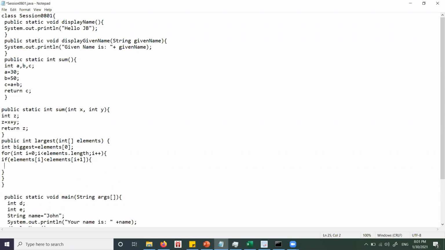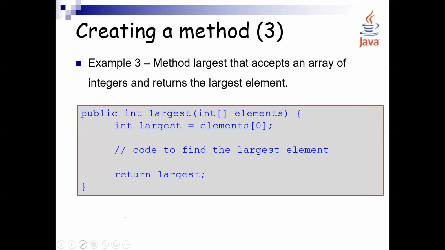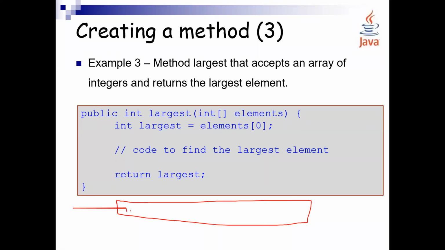You will say biggest number equal to elements at position i. This is a simple algorithm. Okay, we can test this one and see. Let's try like this one. Let's say you have these 5 elements. You have got 10. Sorry.